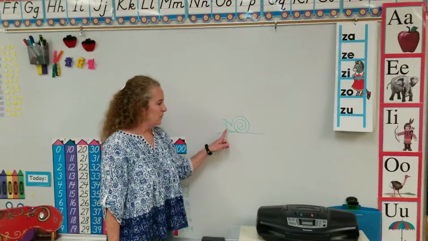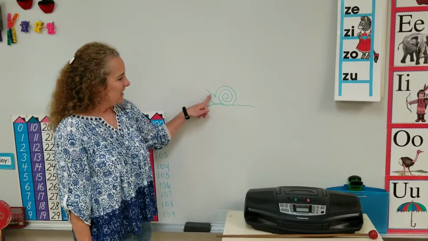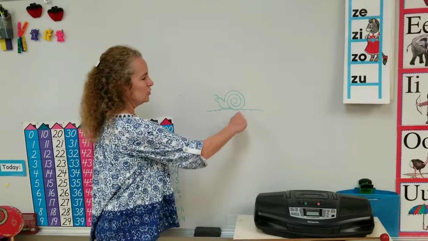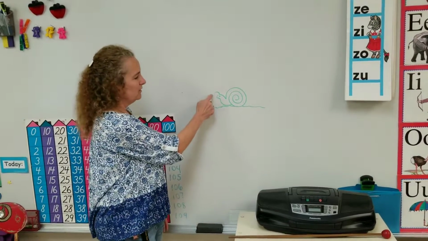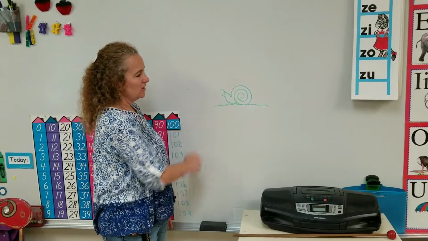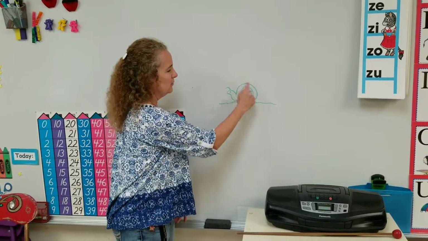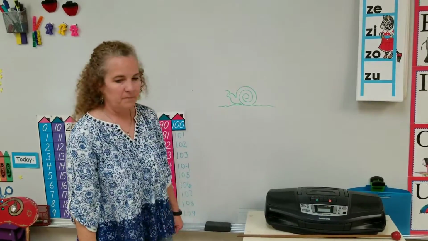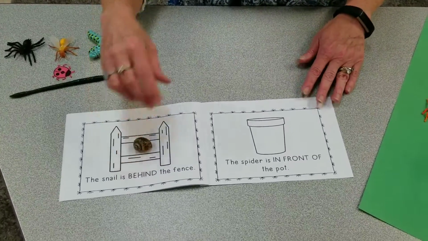You make kind of a worm or a slug looking thing, and there's the body, and then you do a swirl for the shell. Real simple, and put a little antenna on it. So you can draw a snail. Very easy. You can even trace your finger and then put a swirl for the shell. All right. So we have our snail behind the fence.